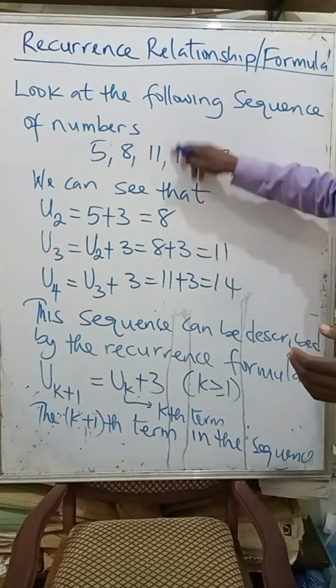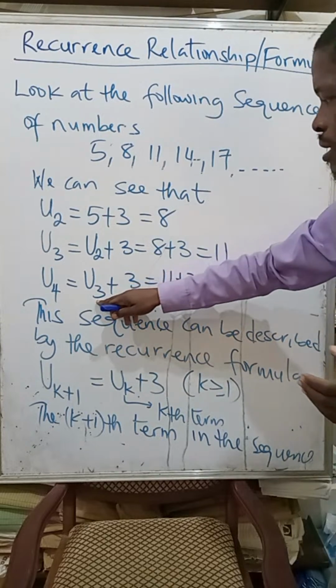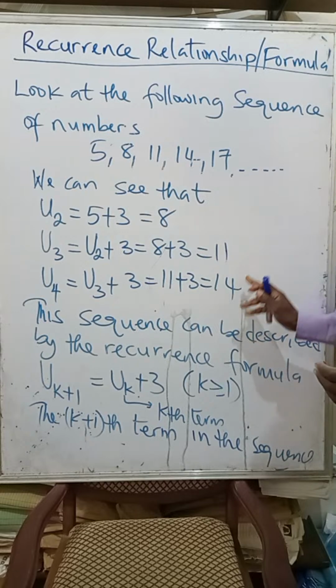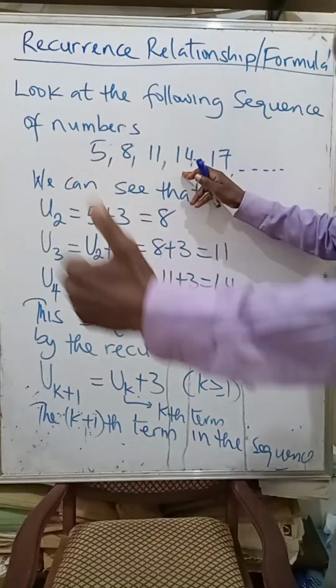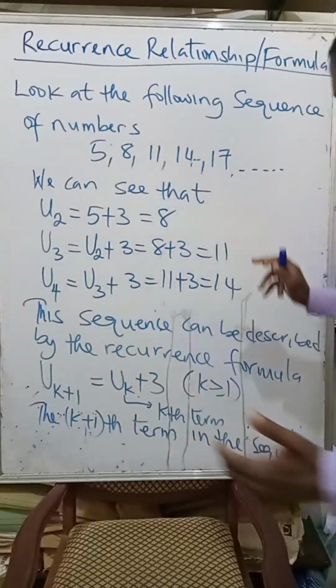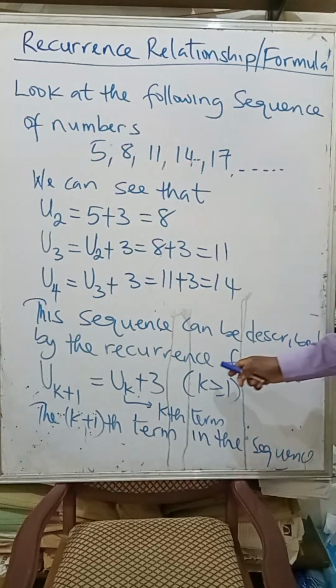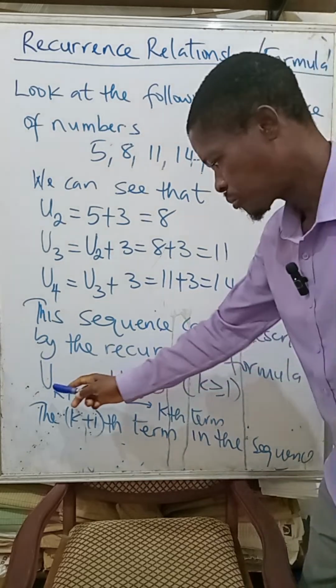The fourth term will be U3 plus the increment, plus 3, and that will be 14. The fifth is U4 plus the constant increment, plus 3. That's 17. So the sequence can be described by the recurrence formula, which will be equal to what?